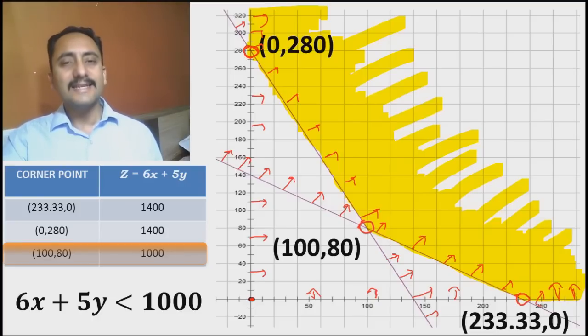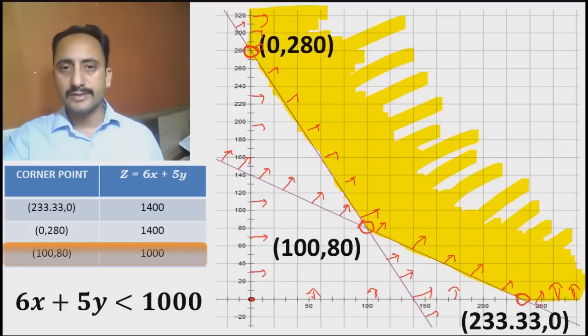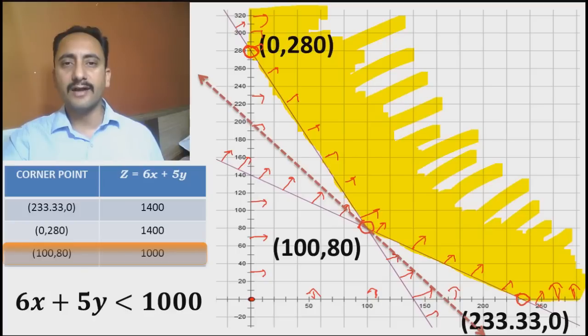Now let us see in which region 6x plus 5y is less than 1000. Let's plot the graph of the last inequality which we have obtained, that is 6x plus 5y is less than 1000. And since it is a strict inequality, equal to sign is not there, we will obtain a dotted line. So this is a dotted line which I will obtain for this graph.